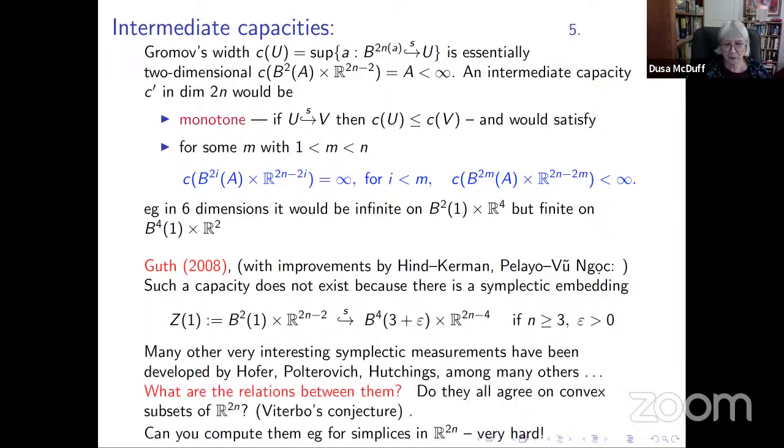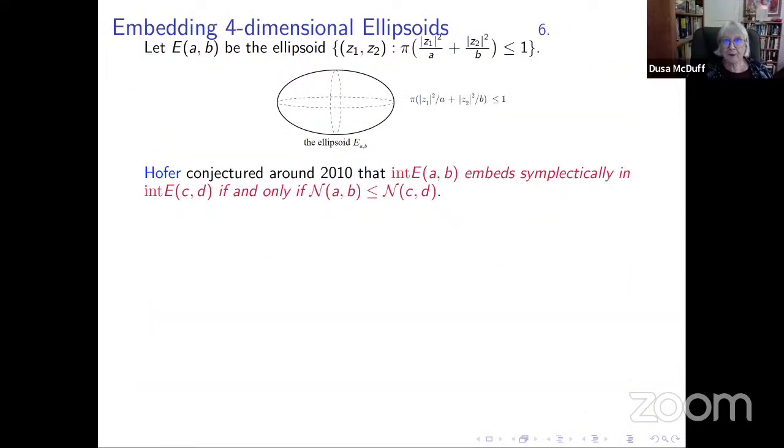So there are many other measurements you can make, and we don't understand the relations between them. There's a conjecture by Viterbo that it's possible they all agree on convex subsets of R^2n, but that's not known. And even computing them for various things is very difficult. So there's lots of questions here. Now I want to talk about embedding 4-dimensional ellipsoids.